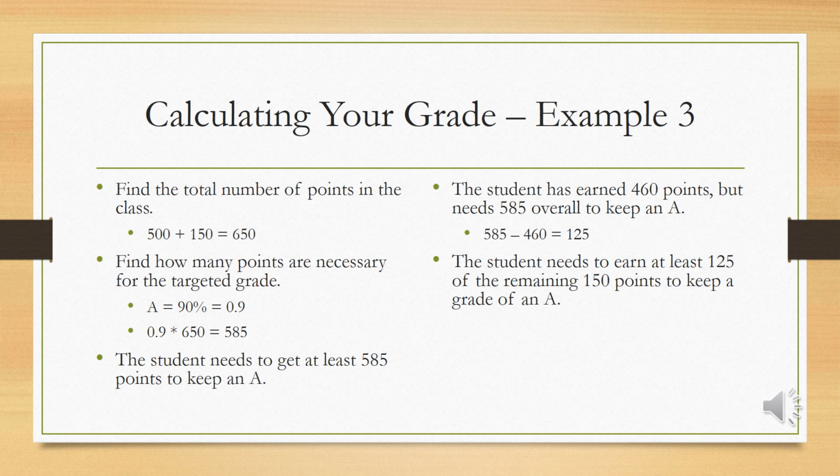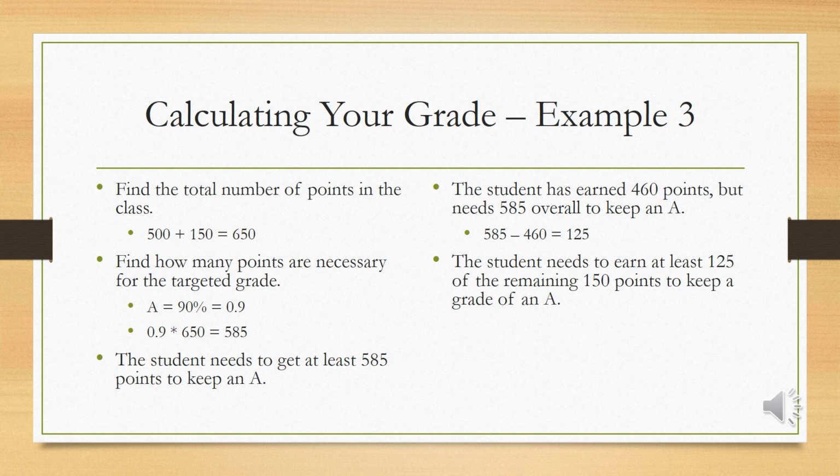The student wants to keep an A in the class, which is a 90%, which is 0.9 as a decimal. You take 0.9 times the 650 points in the class to get 585 points. So the student needs to get at least 585 points to keep an A in the class.